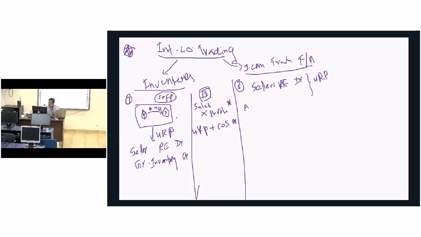Accumulated depreciation. Oh, what? Directly. Group PPE, credit. This is accumulated depreciation, eh? PPE, credit.